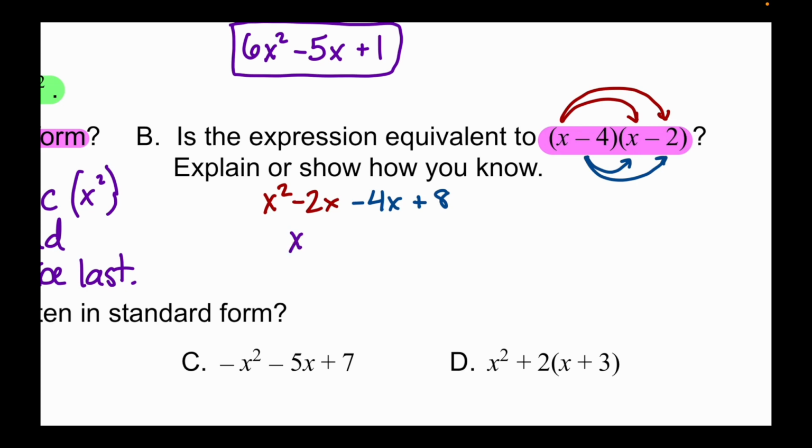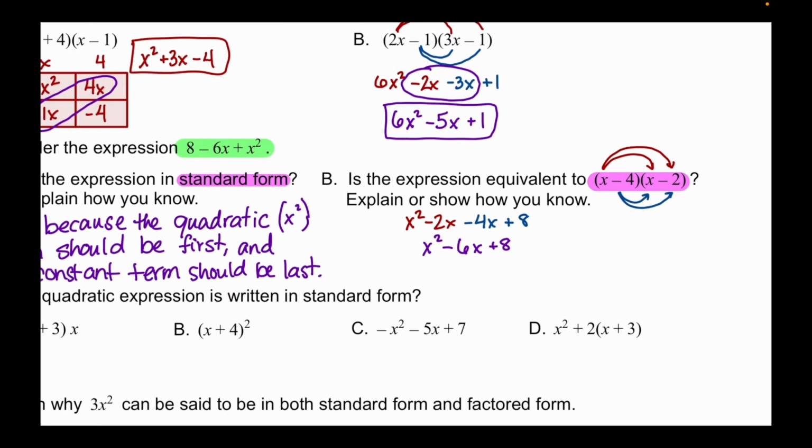This will give us x squared minus 6x plus 8. Now, we said the other one was not in standard form. This one is in standard form, and it is the correct version.